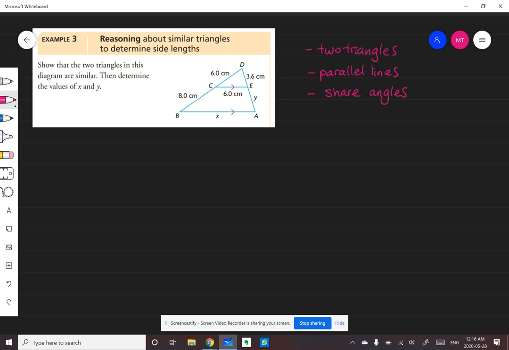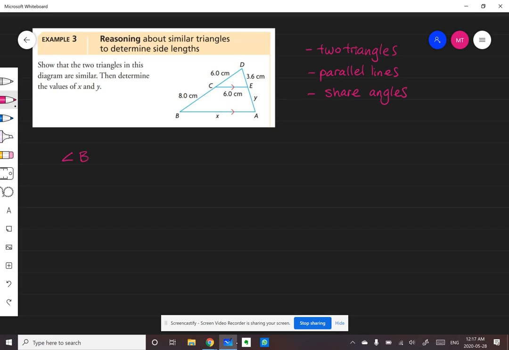So in the last video, I talked about different ways of naming angles. And if I want to look at angle A here, I can either just call it angle A, or I could also describe what's around it. So here, B, A, D. That's another option.